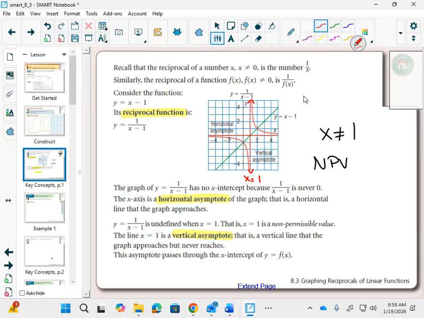Notice how I'm going to draw over top of this graph in blue. Notice how the graph gets closer and closer to that vertical asymptote and never touches it. It also gets closer and closer to the horizontal asymptote, which I can label at y equals 0.